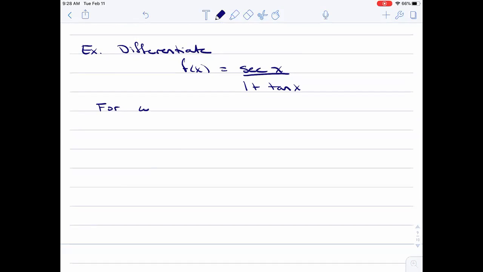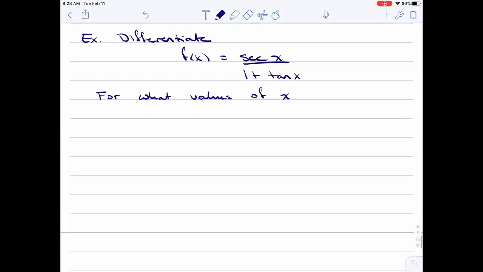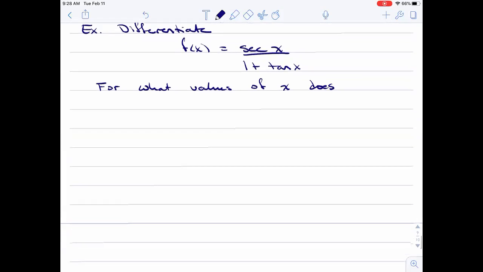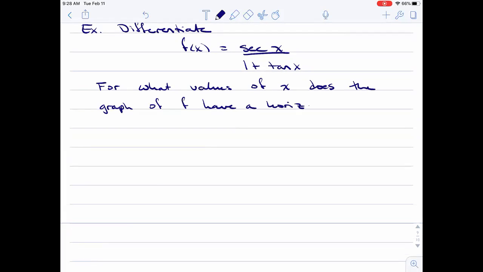So for what values of x does the graph of f have a horizontal tangent? Horizontal tangent.